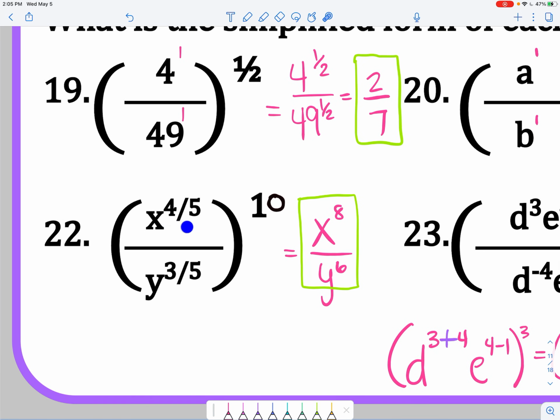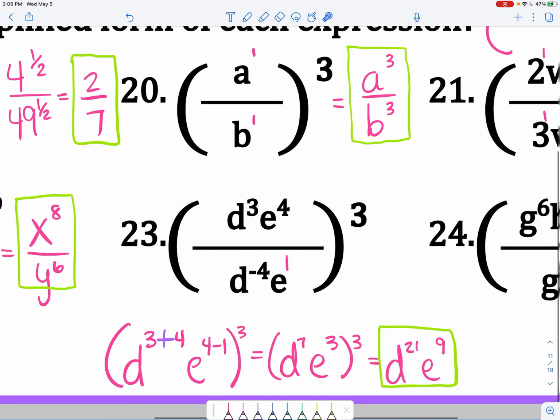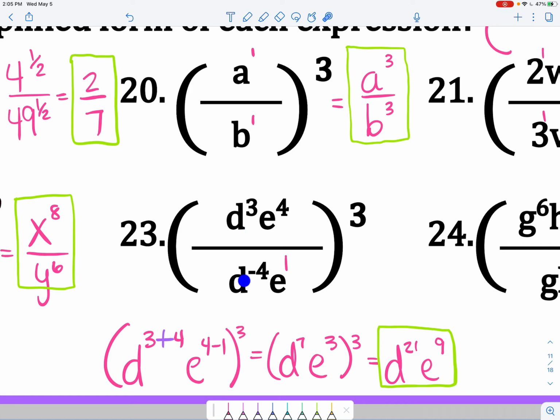For number 22, 4/5 times 10 gives me 8. 3/5 times 10 gives me 6. So we get x to the power 8 over y to the power 6. And that's my final answer there. For 23, again, I simplified some things inside the parentheses a little bit.